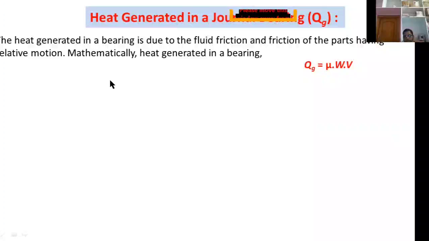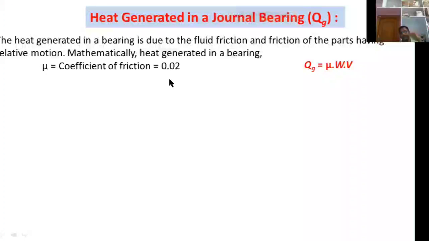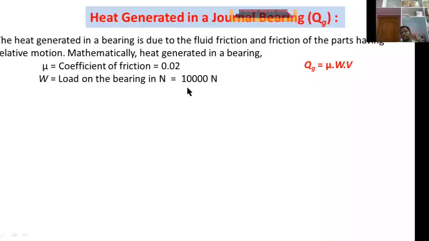Here mu is the coefficient of friction. This value is obtained from previous step, that is 0.02. And W is the load on bearing or load on shaft.